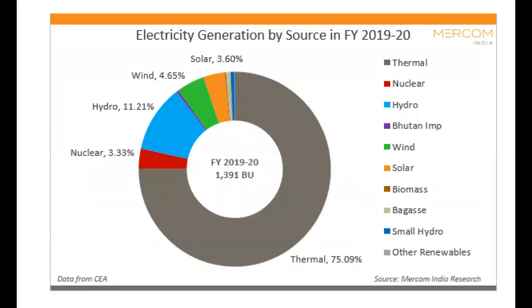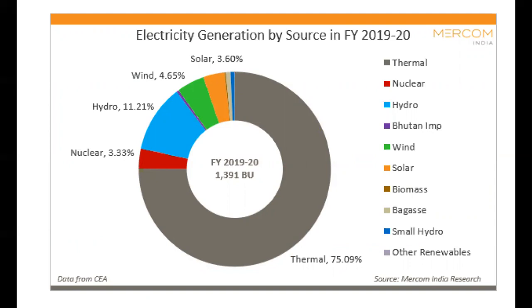This is the electricity generation of India by the different energy sources. Approximately 75% of the power is produced by thermal power plants, 3.33% by nuclear, 11.21% by large hydroelectric power stations, 4.65% by the wind energy system, and 3.6% by the solar energy system.